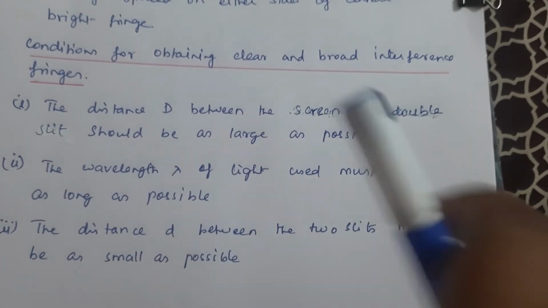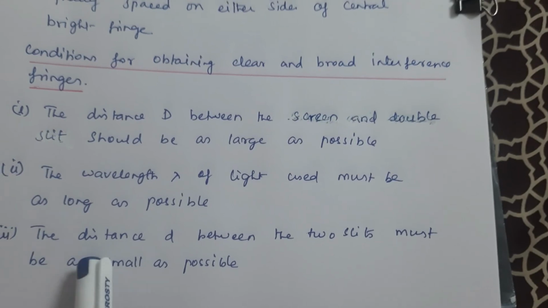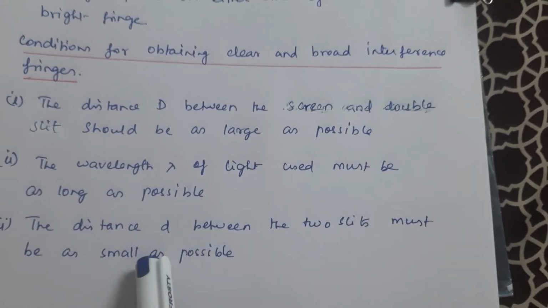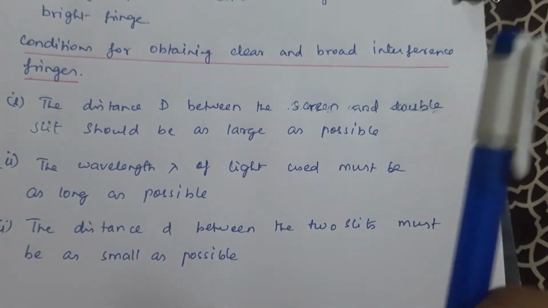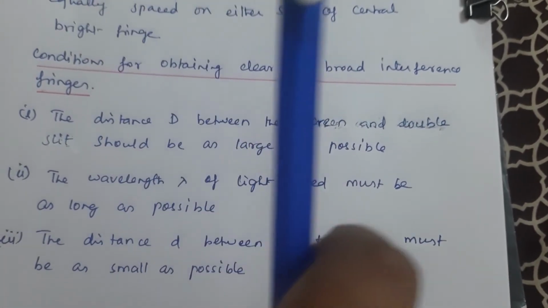So three conditions: capital D should be larger, wavelength should be larger, and the distance between the two slits should be as small as possible, to get clear and broad interference fringes.